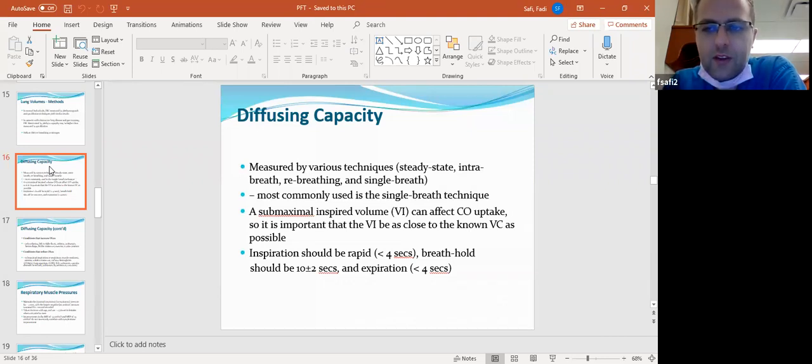Remember, in the gas dilution for the lung volumes, you give an inert gas, which is a gas that does not diffuse through the lung, such as nitrogen and helium. In diffusion capacity, you give a gas that actually diffuses very quickly and very strongly through the alveoli. What is the best gas that diffuses through the alveoli? It's carbon monoxide.